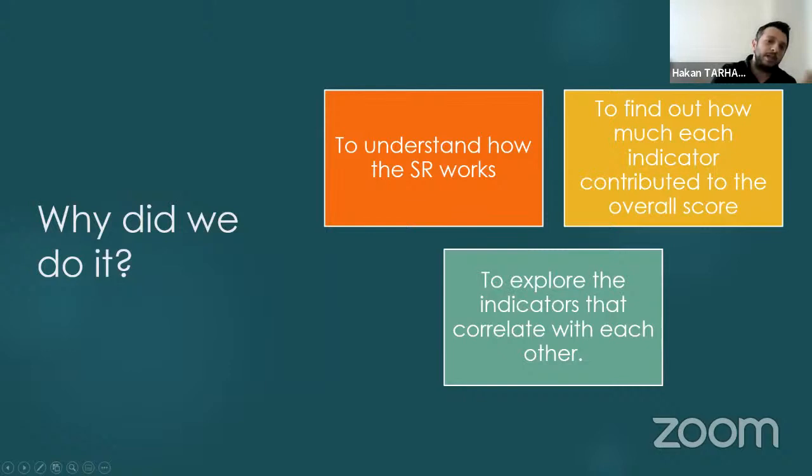Because as I said, there is only limited information that teachers can use to understand how the SpeechRater works. We also wanted to understand how each of the indicators we know contribute to the overall score and explore the indicators that correlate with each other.